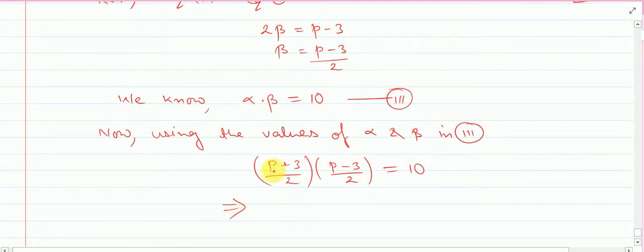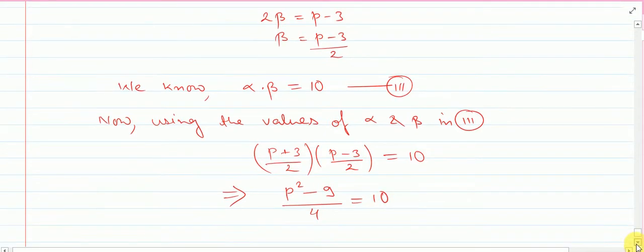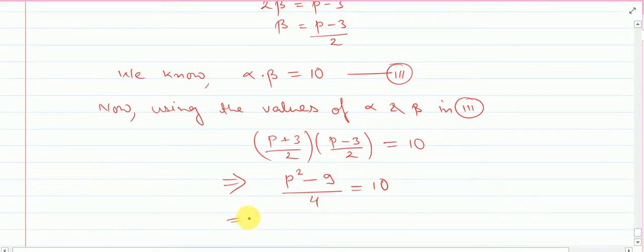Now you can see the numerator here, you have p plus 3 into p minus 3. So it's like a plus b into a minus b. So you will get p square minus 3 square, that is 9, and down you are getting 4, and here 10. Now next you can write p square minus 9 is equal to 40.